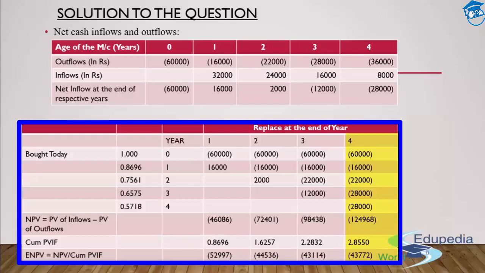Now, coming to the best perspective, which is my cumulative present value interest rate factor. Now, this is the costing for all the years. The net present value mentioned over here as 1,24,968 is not just the costing for 1 year. I have added back all the outflows for year 1, year 2, year 3, all of them, with the fourth year as well.